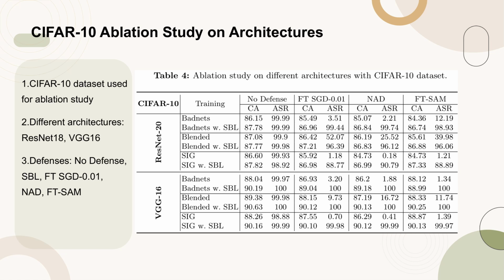The metrics assessed include attack success rate, ASR, and clean accuracy, CA. The results indicate the effectiveness of each defense mechanism in mitigating the impact of adversarial attacks across different architectures.